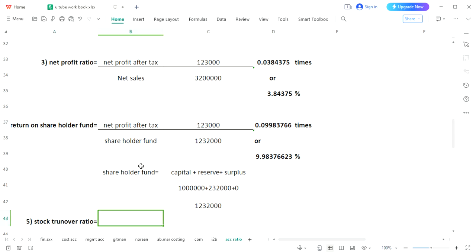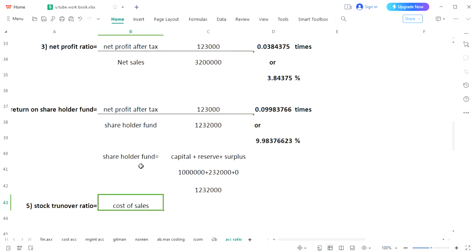For that you need to have CGS or cost of sales. We are writing complete instead of abbreviation of CGS. It should be written as cost of goods sold. So we have written cost of sales, and then you need to divide it with average stock or inventory.